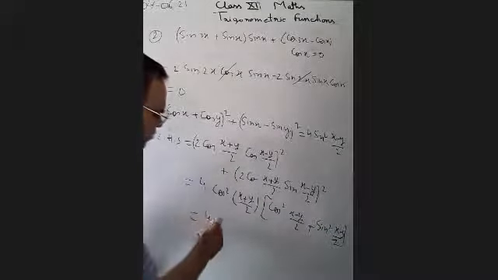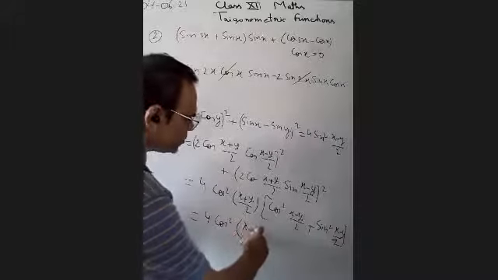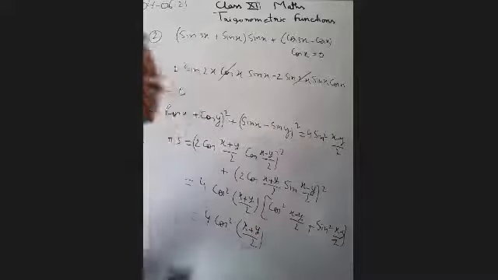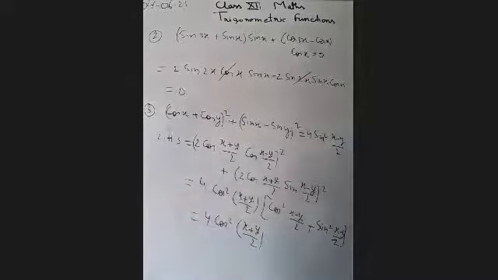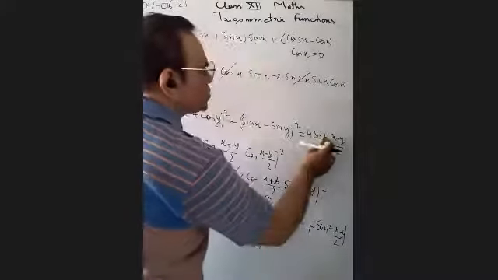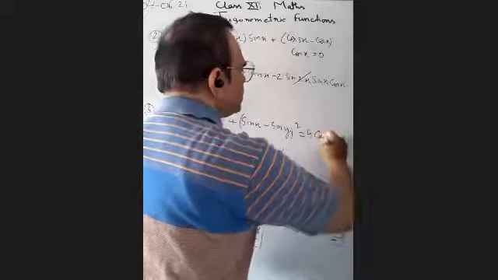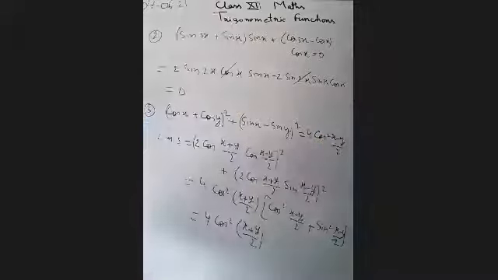So we get 4 cos square x plus y upon 2. What we have to prove? I think you have written it wrong, it will be equal to cos square. In the question it is cos square x minus y upon 2.